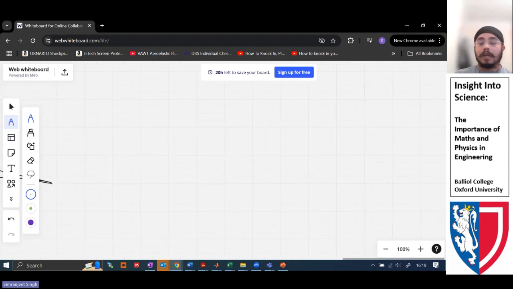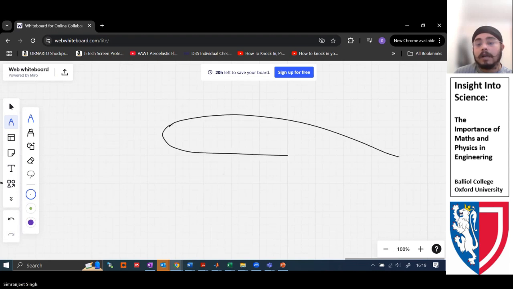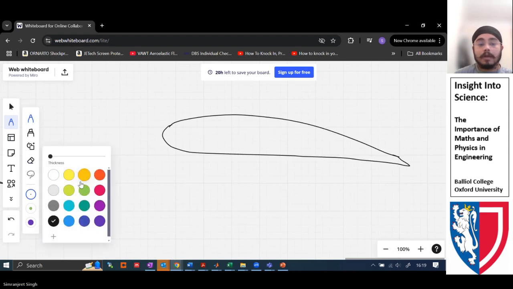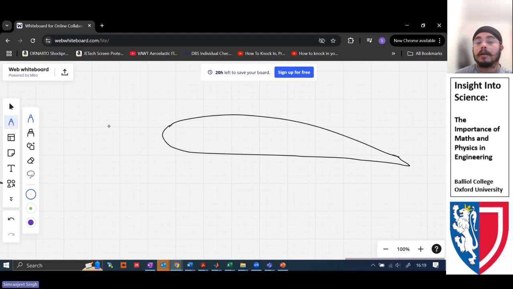Now, if I pick this airfoil and would like to see how a new model of an airplane flies, I can put this airfoil in a wind tunnel.